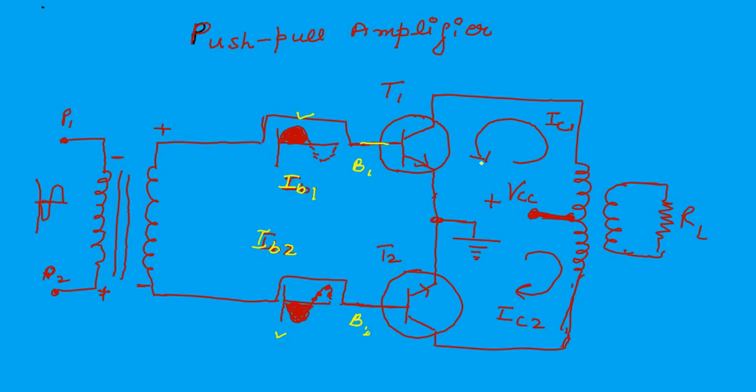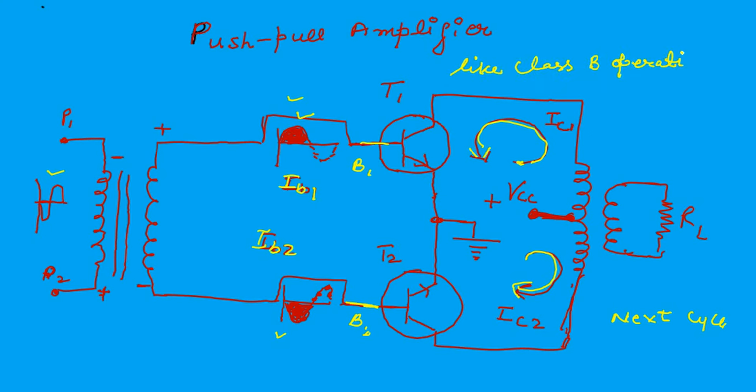And for the other cycle, this is the current when the upper is on, and at the same time the lower transistor is off. So when the other part of the signal comes, what happens? The positive comes at the base of the lower transistor, and then the lower transistor turns on and the current starts flowing clockwise, IC2, and at that time the upper transistor becomes off.